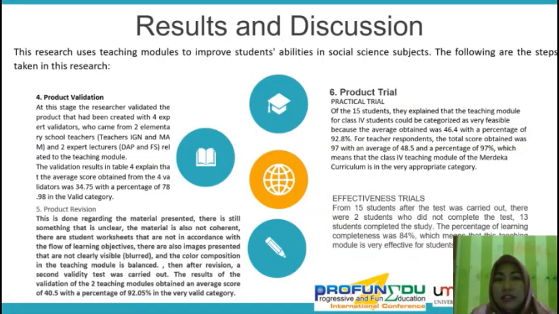Result and discussion. For product validation, at this step, the researchers validated the product that had been created with 4 expert validators, who came from 2 elementary schools and 2 expert lecturers.